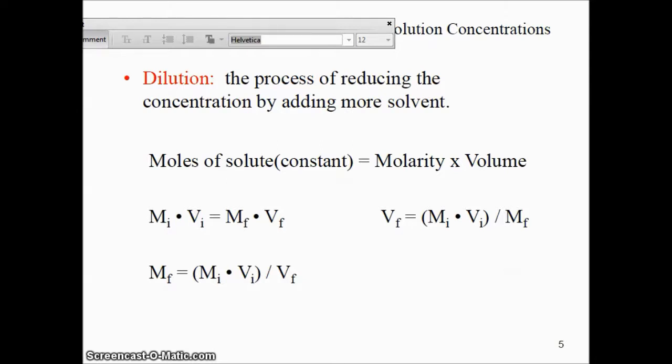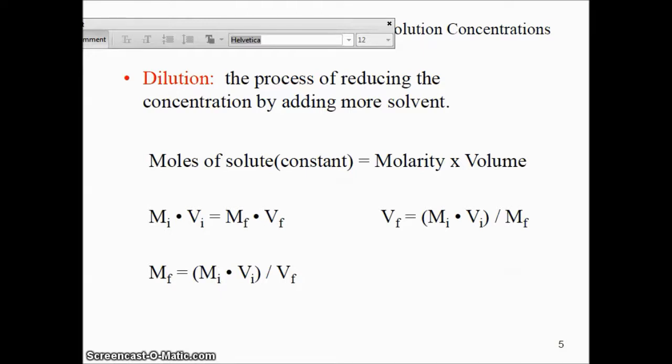So during the dilution process, all you're doing is changing the concentration of the solution, and in doing so you're increasing the volume of the solvent and decreasing the concentration. But realize that the number of moles, the amount of solute that you have, remains the same.